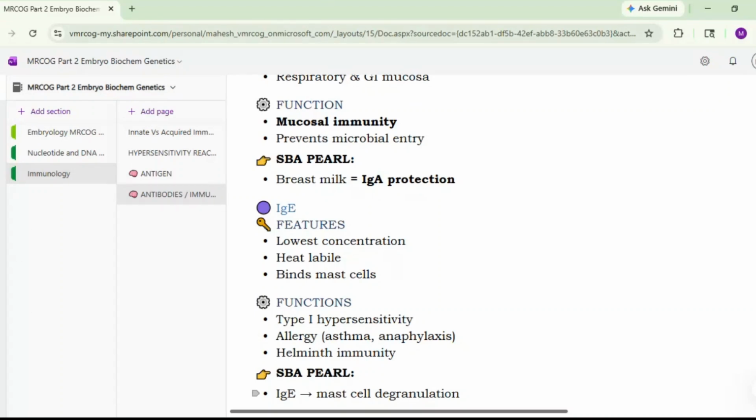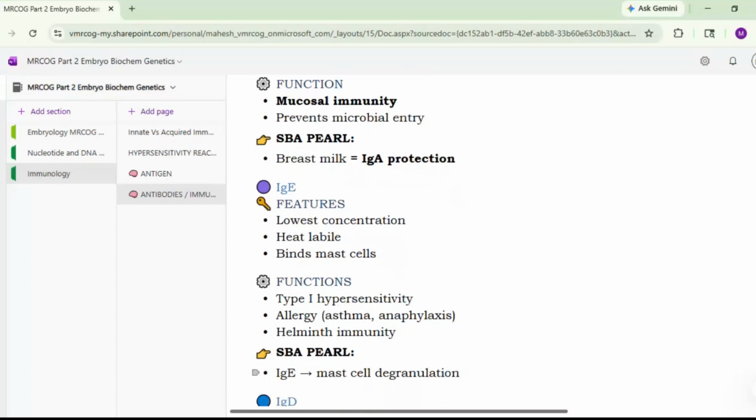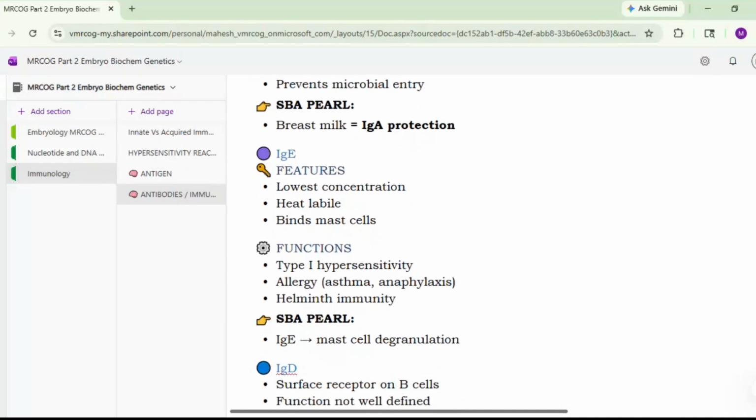It causes allergic reactions like asthma and anaphylaxis, and helminthic immunity is also provided through IgE. This IgE antibody causes mast cell degranulation, and that is responsible for the production of anaphylaxis.